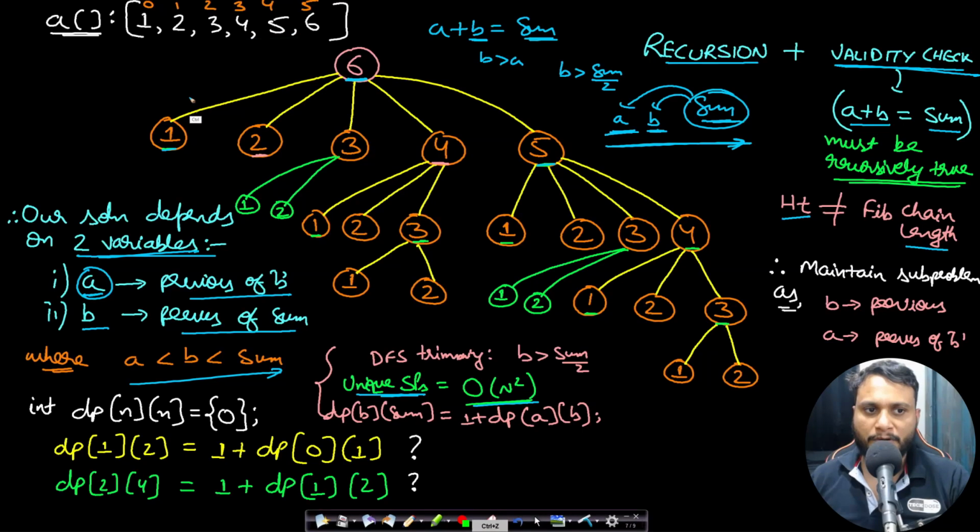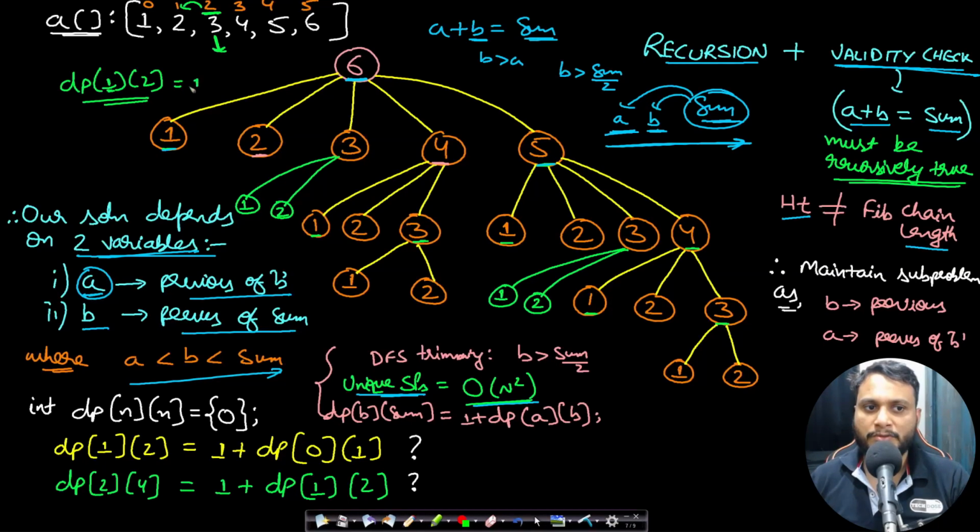Now in order to define the subproblem, what is the meaning of dp of 1 comma 2? So dp at 1 comma 2 means if 2 is the end point of your Fibonacci chain, and if 1 is the previous item of 2, then what is the maximum Fibonacci chain length here?